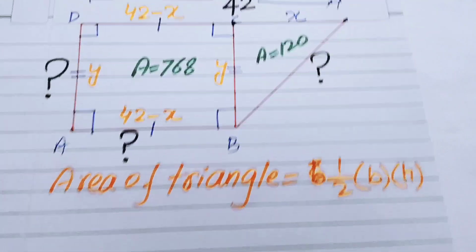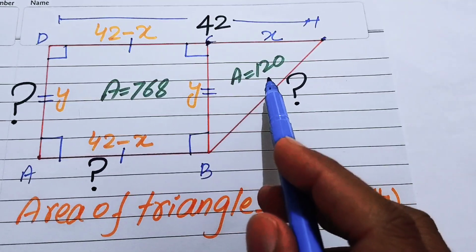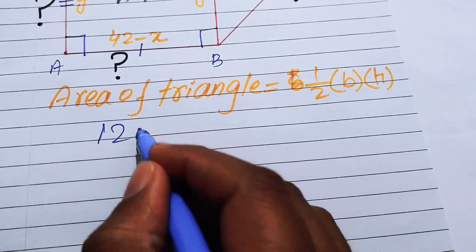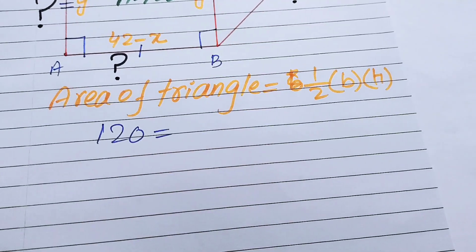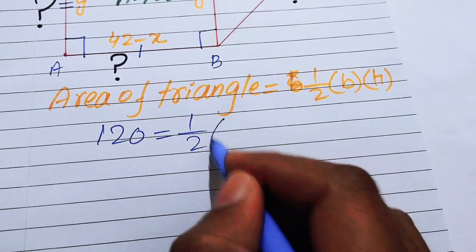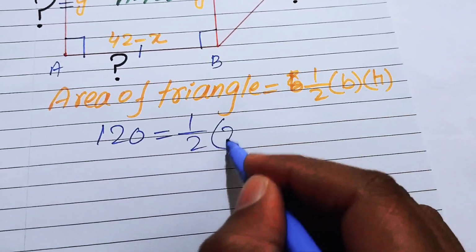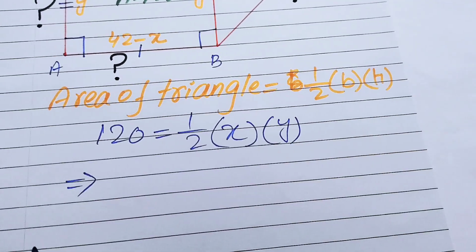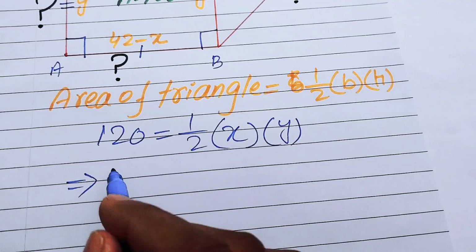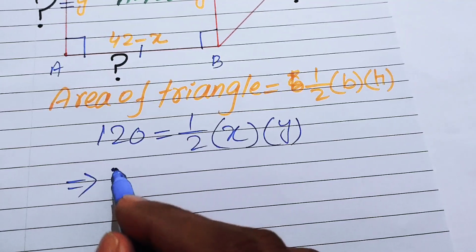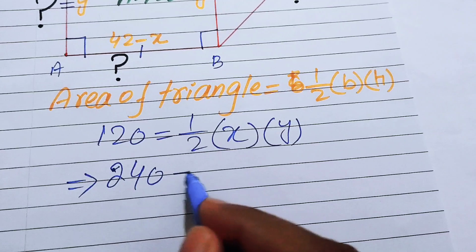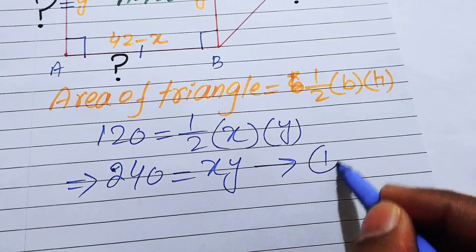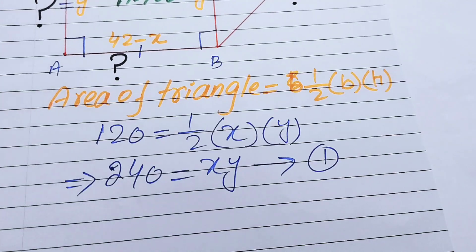Given that the area of the triangle is 120, we substitute: 120 equals half of base x times height y. Simplifying, we move the 2 to the left-hand side and obtain 240 equals xy, and we name this equation number 1.